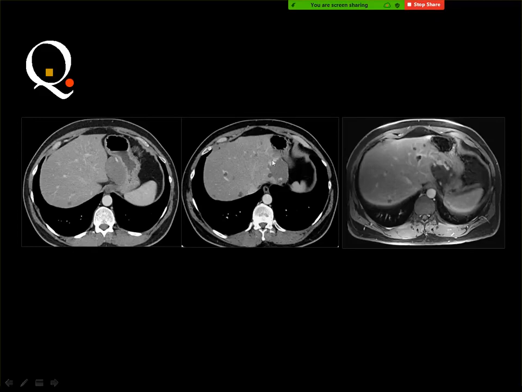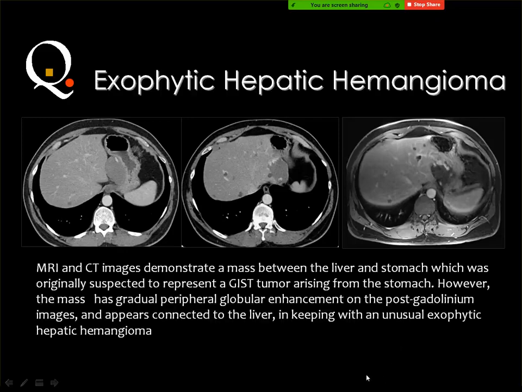You see the peripheral nodular enhancement in the CT and the peripheral nodular enhancement in MRI. In this film, you may feel that this is an extrahepatic lesion, but here you see the classic appearance of the enhancement of the hemangioma, which is known as exophytic hepatic hemangioma.